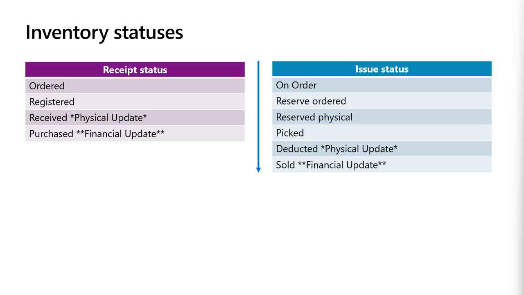The receipt and issue transactions are assigned different statuses in the system as they are updated. On this slide, we can see what the different statuses are for each type of transaction, with the statuses on the top being the earlier and progressing through the transaction lifecycle as we go down the list. Some of these statuses are not required by the system and can be skipped if not relevant to the business process.